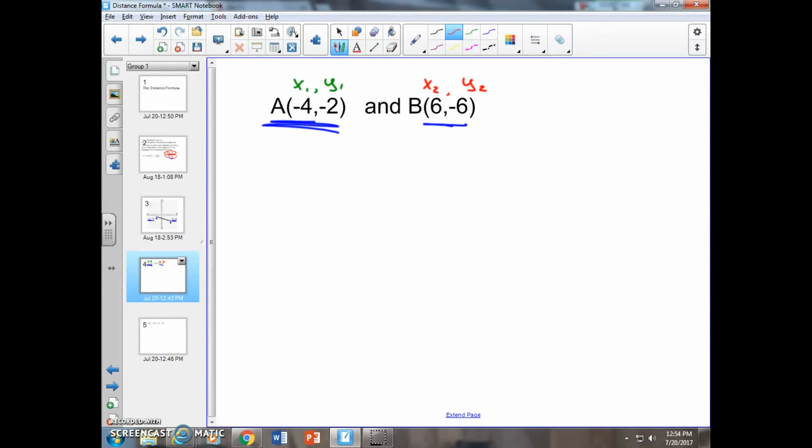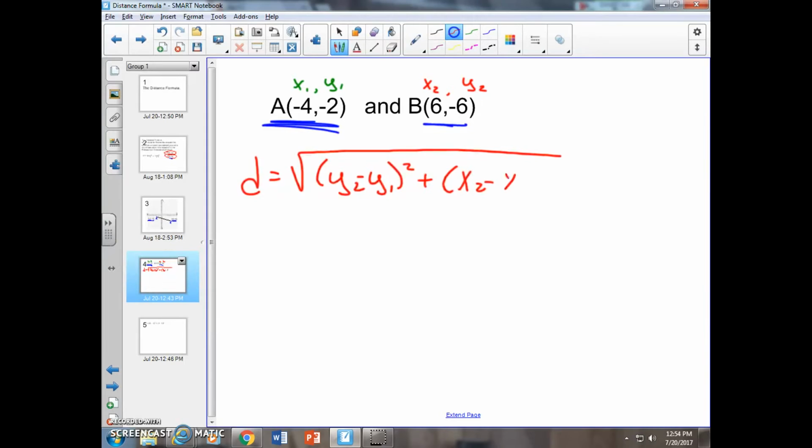And we're going to set those up in the distance formula. We're just going to fill in the blanks here. We're going to fill in those 4 unknowns under the square root symbol.